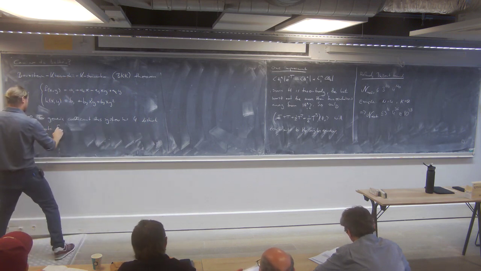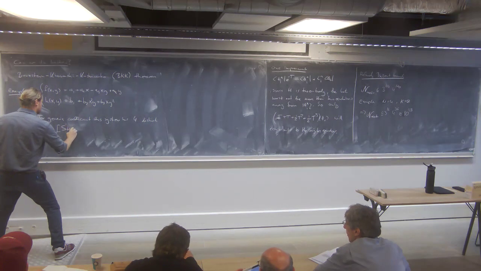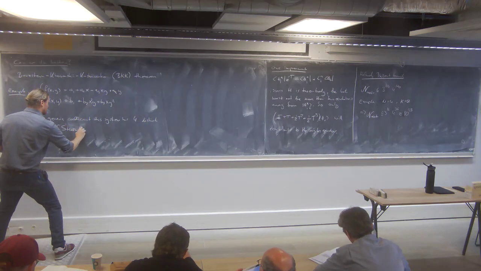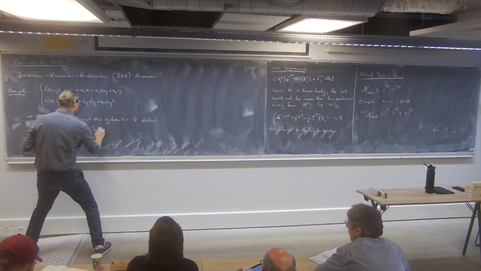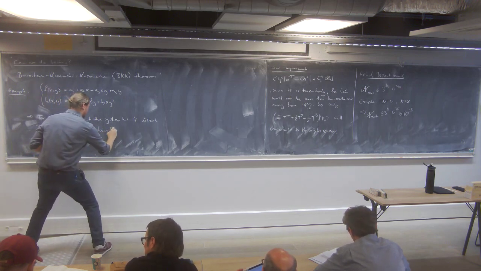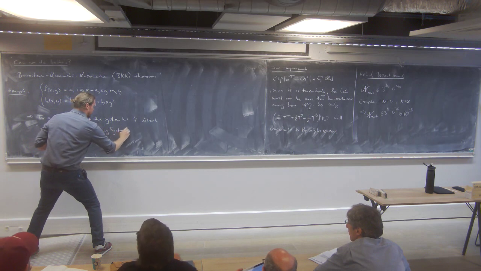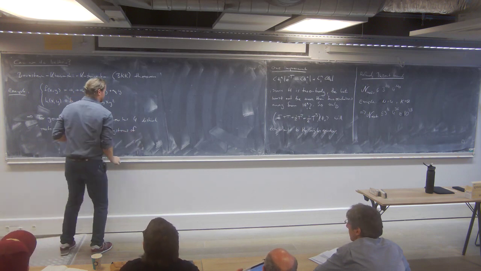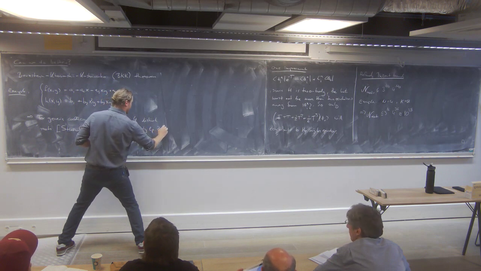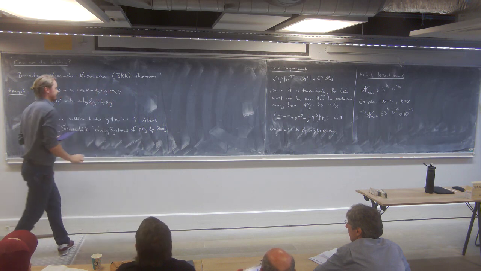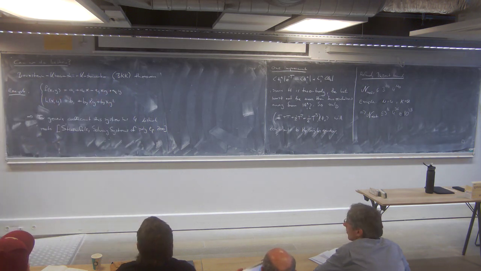I'm not going to compute this, but you can find this calculation in Sturmfels' Solving Systems of Polynomial Equations. They compute the discriminant and all that stuff.